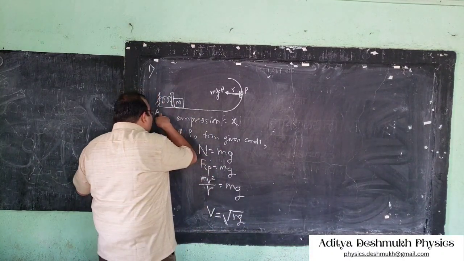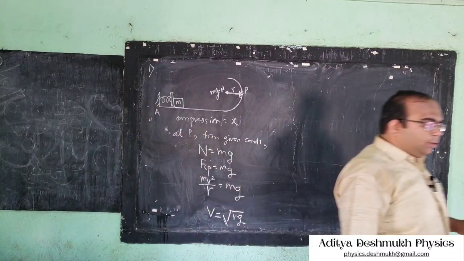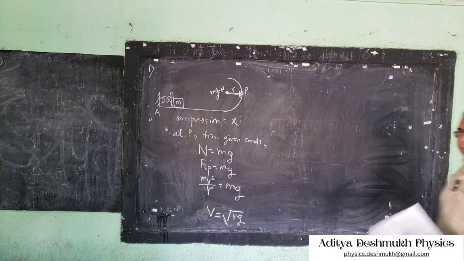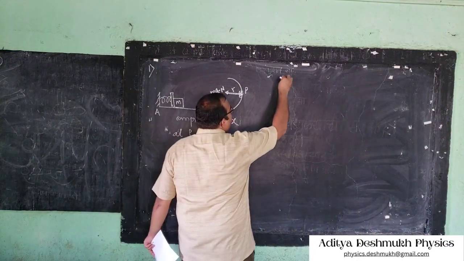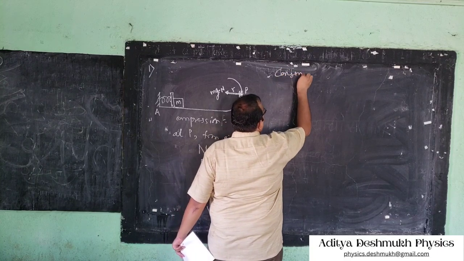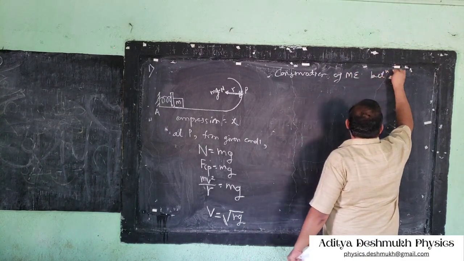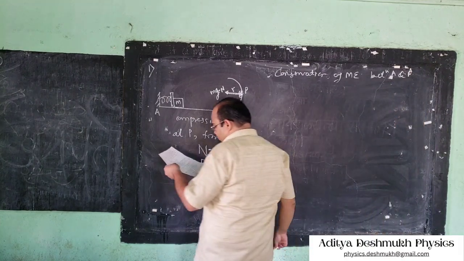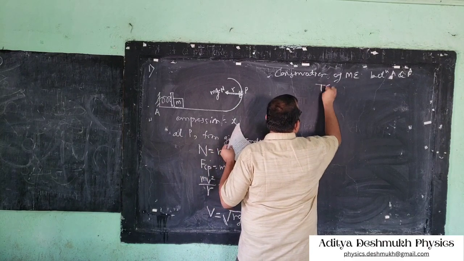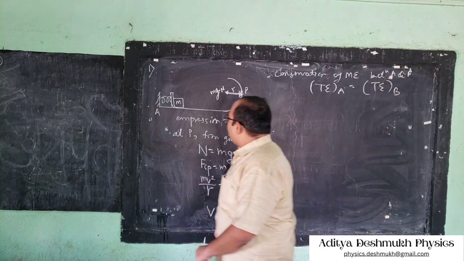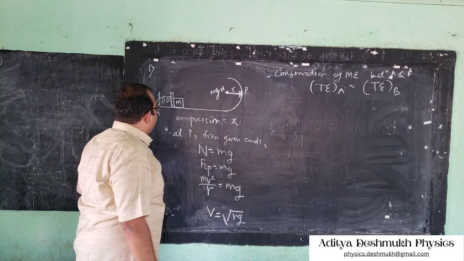Now I can apply conservation of mechanical energy from point A to point P. Conservation of ME between A and P. So total energy at A will be equal to total energy at P. What energies do I have at location A?